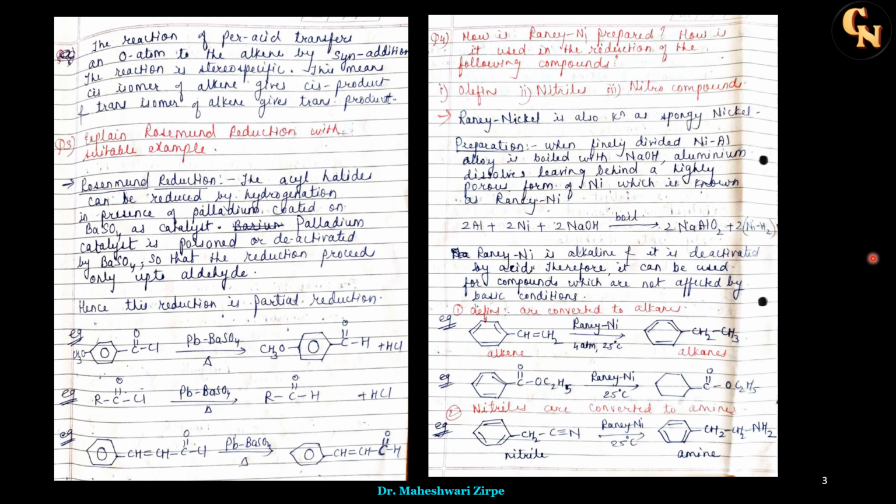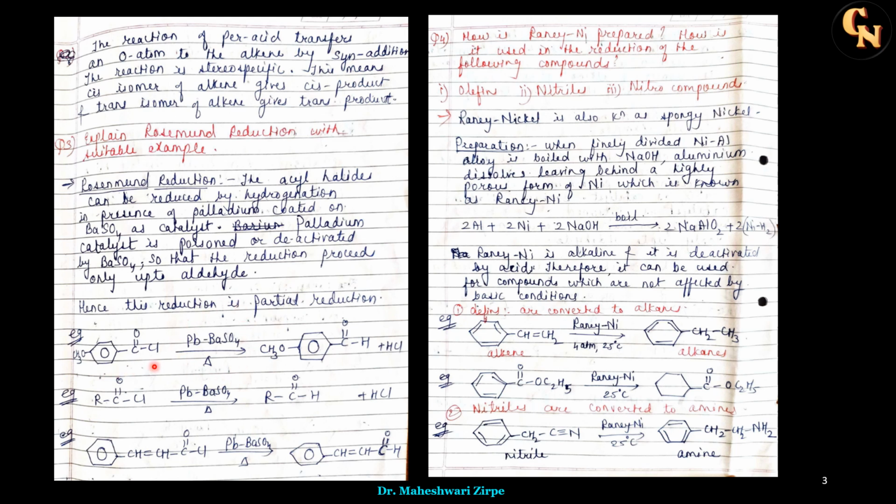So palladium is a catalyst, poisoned or deactivated by barium sulfate. Whenever you see an arrow with lead and barium sulfate, you should understand that it is a catalyst used for Rosenmund reduction.